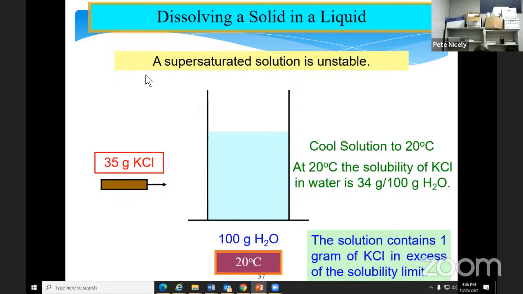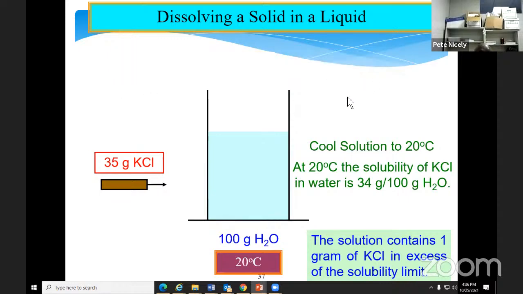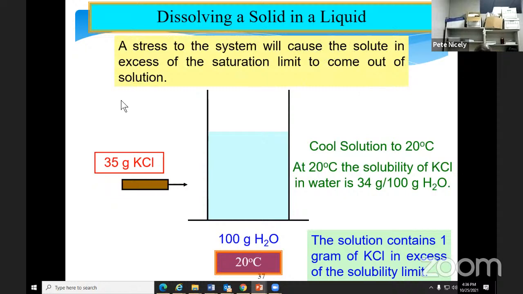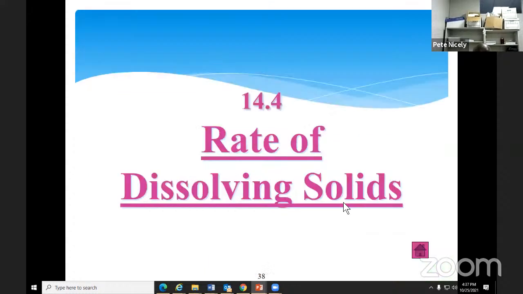As stated here, the supersaturated solution is unstable. So any stress, for example if you simply tap the vessel with your finger or with anything, causes the spontaneous formation of solid potassium chloride out of solution. That will happen until the solubility reaches a saturated level, which corresponds to the 20 degrees Celsius temperature.